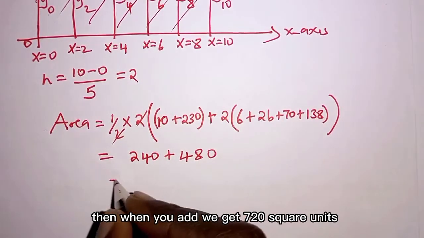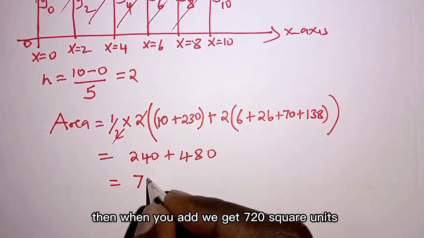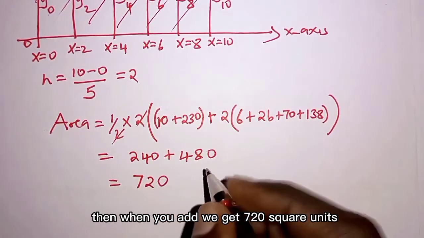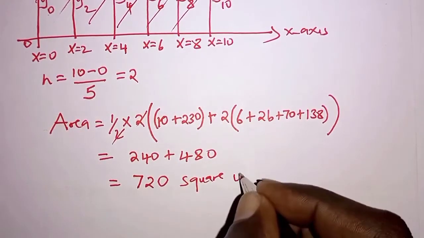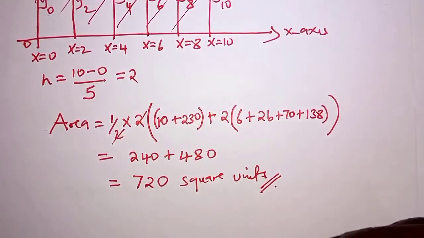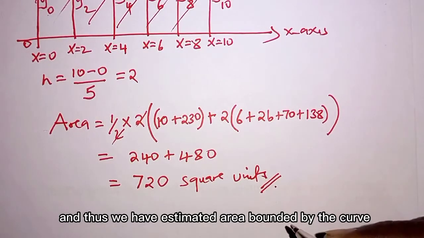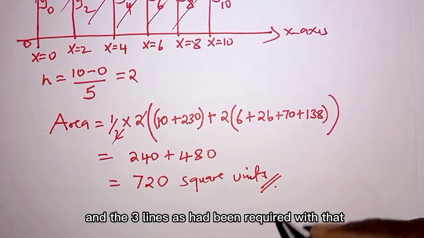And then when you add, we get 720 square units. And thus we have estimated the area bounded by the curve and the 3 lines as had been required.